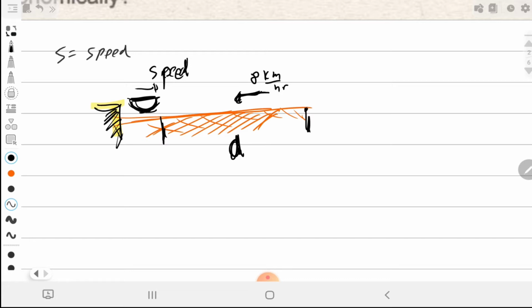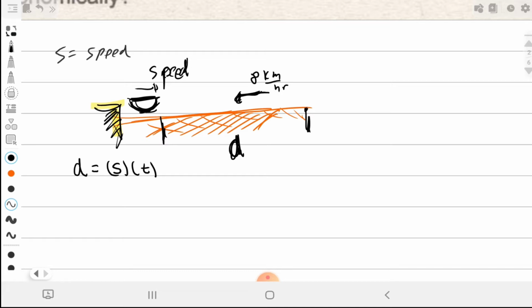So, how will we account for that? Take note that our distance is mathematically equal to speed multiplied by time, right? Because our speed is in kilometers per hour.